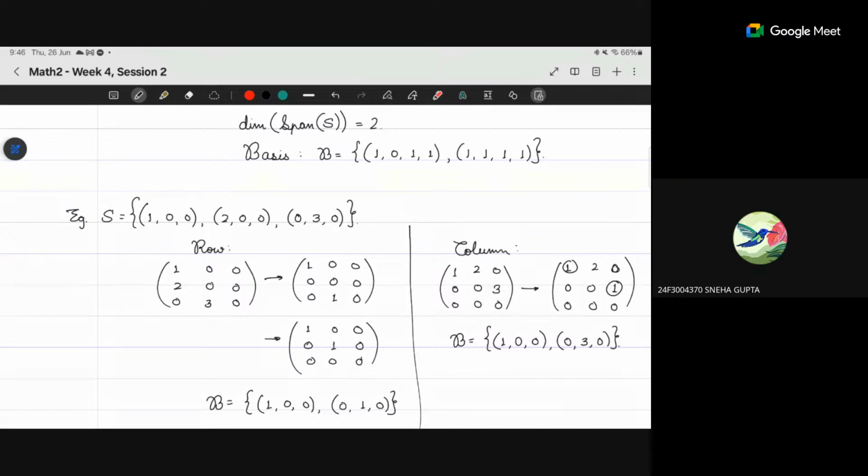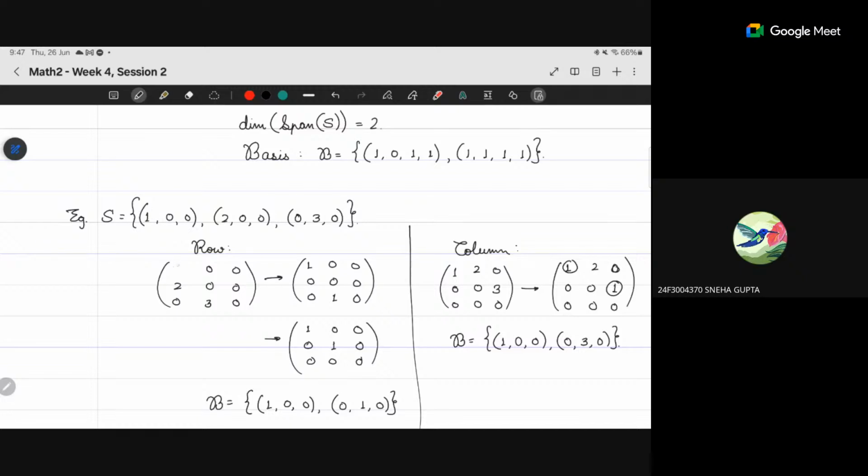The row method does not necessarily give you vectors from your original set. It gives you a basis for the span of S. It does not guarantee it. So take for example, if this was not 100 and if this was a 700, you would have started with 700, made this 100, and then you would still get, by the row method, 100, 010, but the original vector is 7.